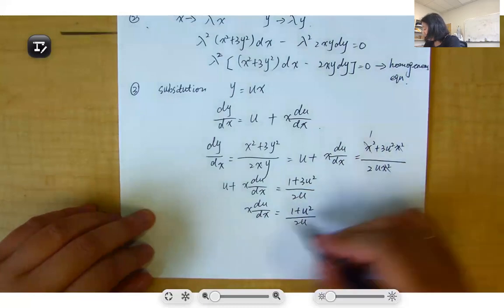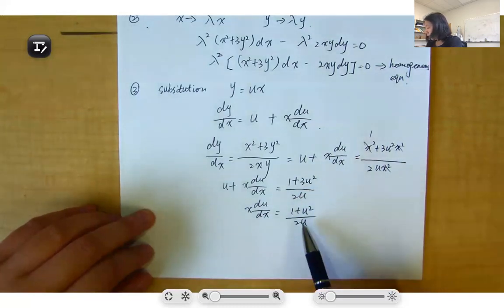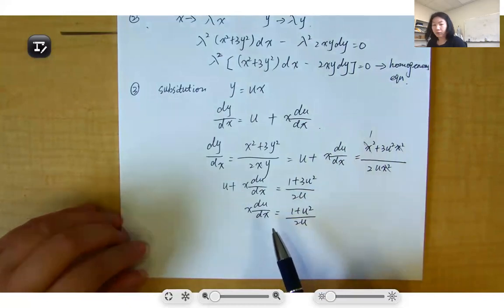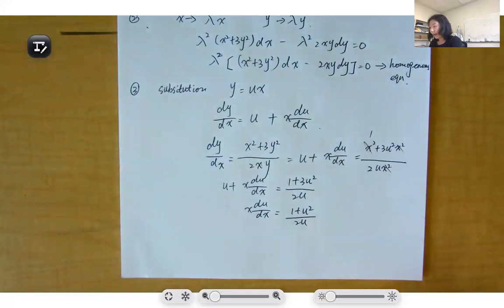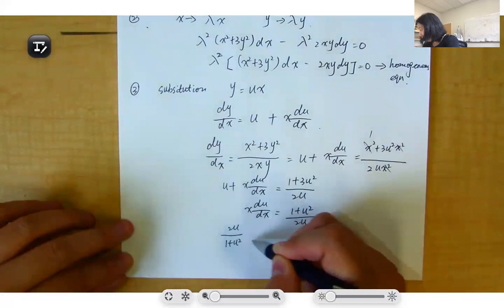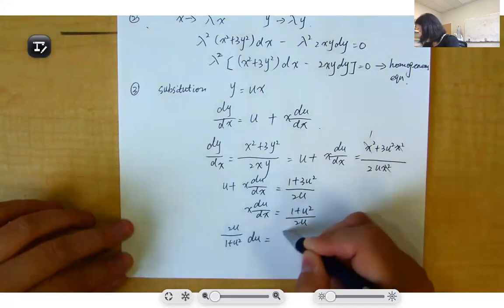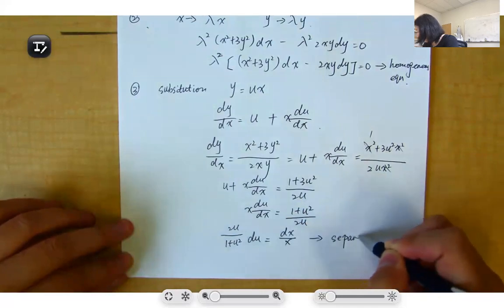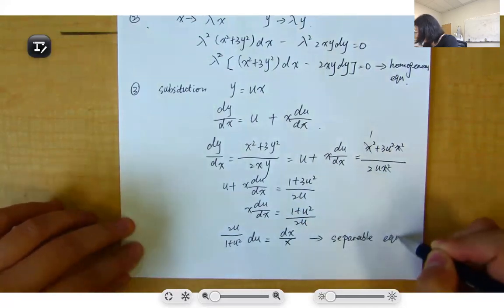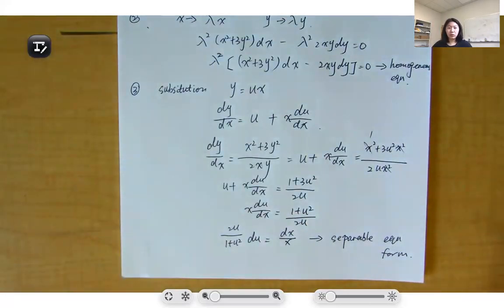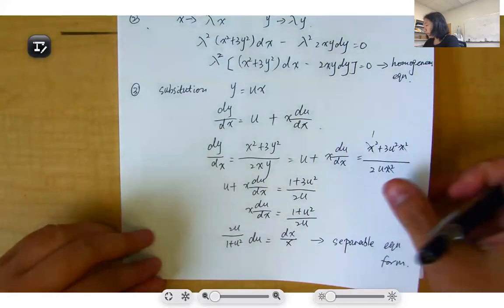And this is a separable form, but we will make it more clear by putting all the u terms on the left and all the x terms on the right, so that 2u over (1 plus u squared) du will be equal to dx over x, which is a separable equation form. And you know how to solve it. We just need to integrate both sides, then we can get our solution, right?